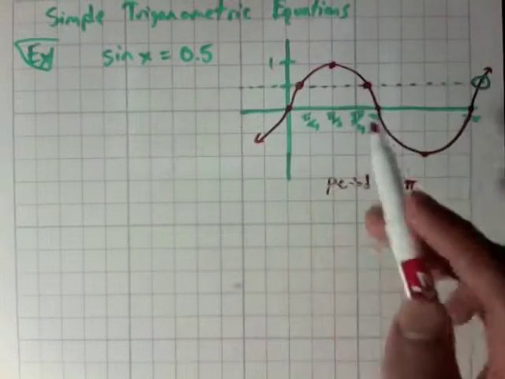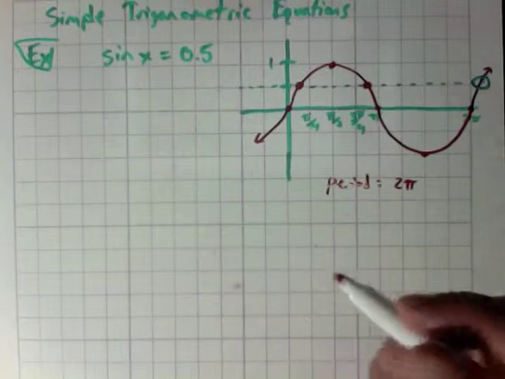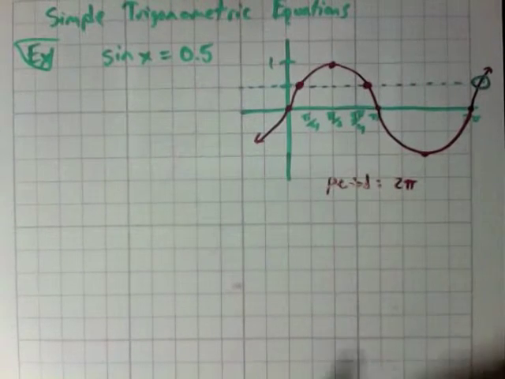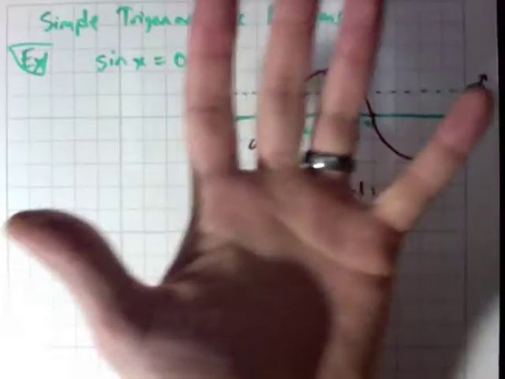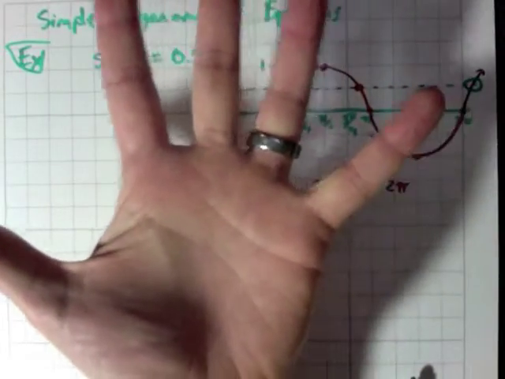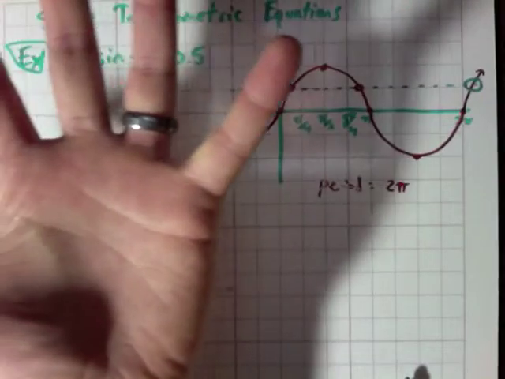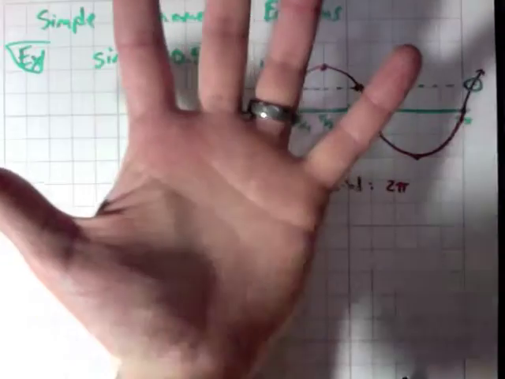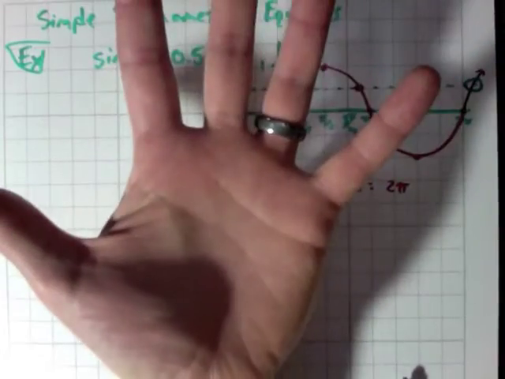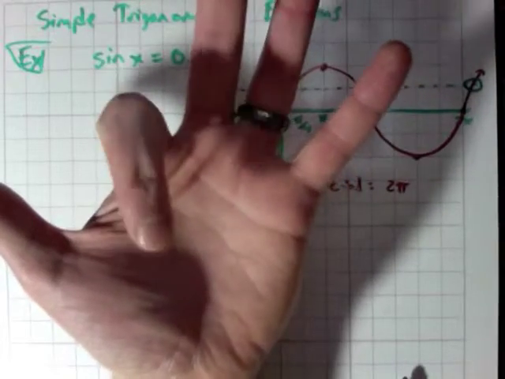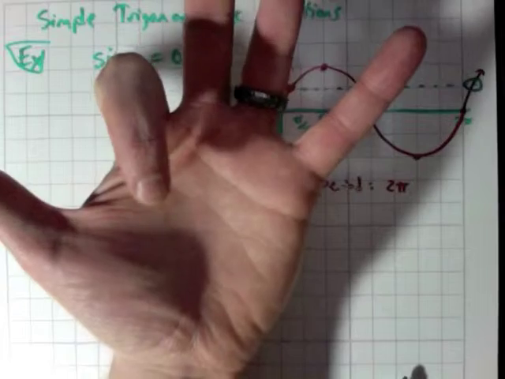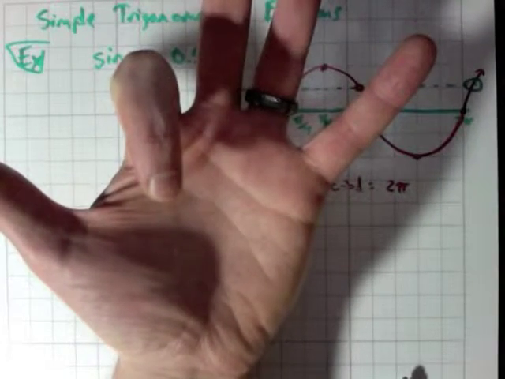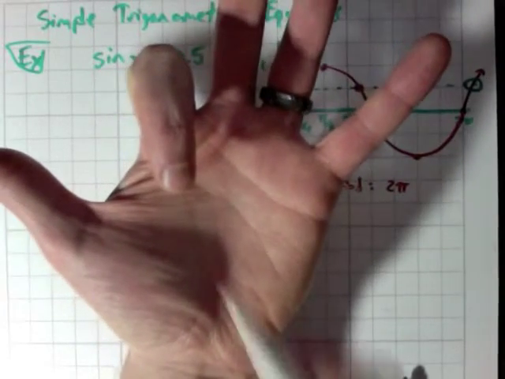This point here happens to be 5 pi over 6. The way we could calculate that is using our hand trick. To figure out when sine equals a half, sine are the fingers to the left, cosine are the fingers to the right, and if I put down this finger right here, I'd get the square root of 1 over 2, and I would have sine being 1/2 at this finger.